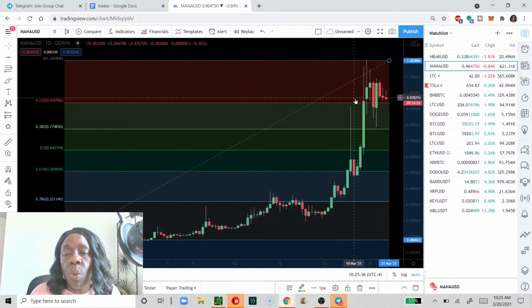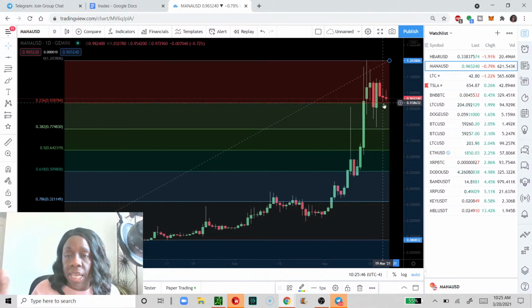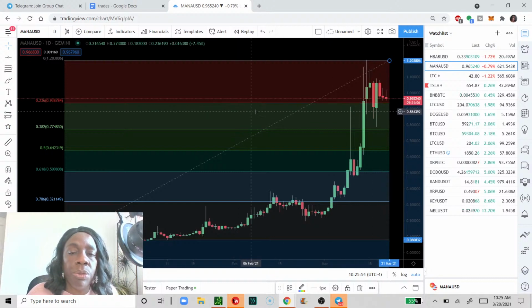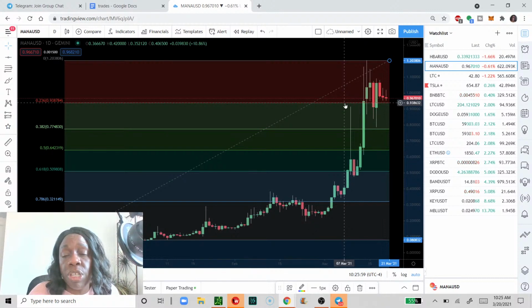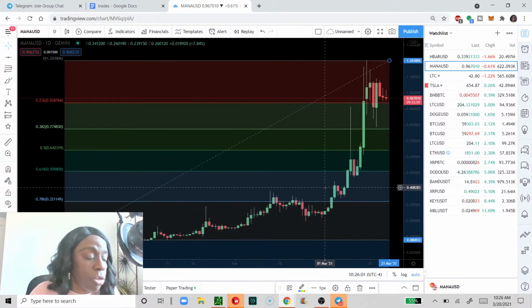And if we go to where price action is right now with MANA USD, it's coming down to this red level. Now, if this is a strong level, it will come down to it and it will ricochet off it. It'll bounce right back up off it. And that's how you use the Fibonacci retracement tool to inform your trading.